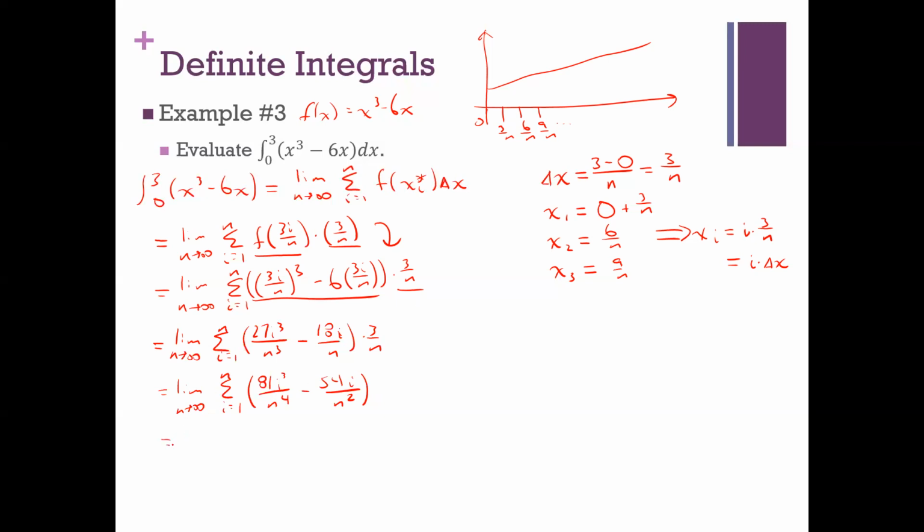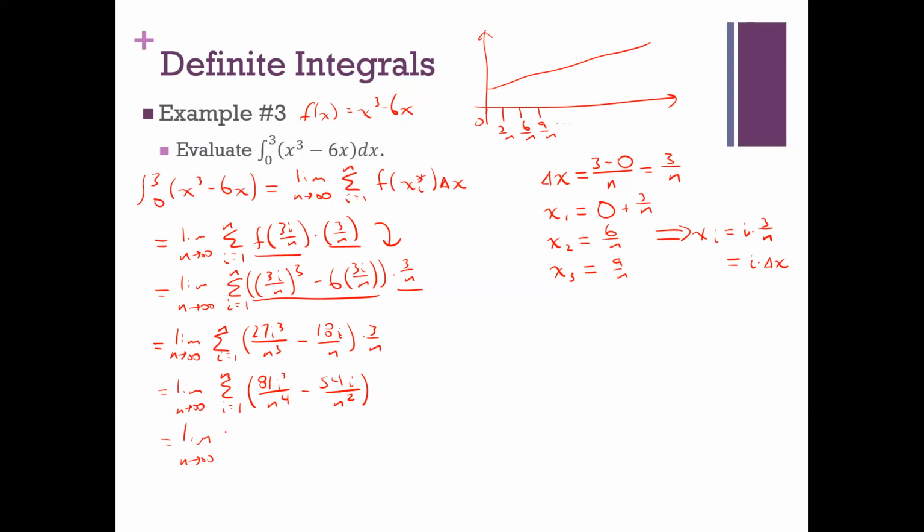But now I'm going to split these up. The limit as n approaches infinity of this sum, and actually, I'm going to pull some things out. Look at the sigma notation: what is the variable as far as the sigma is concerned? I, right?